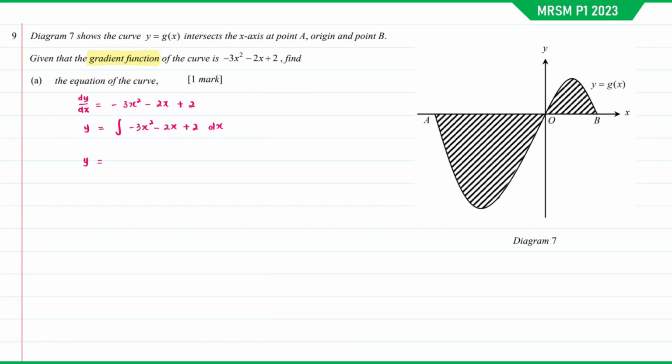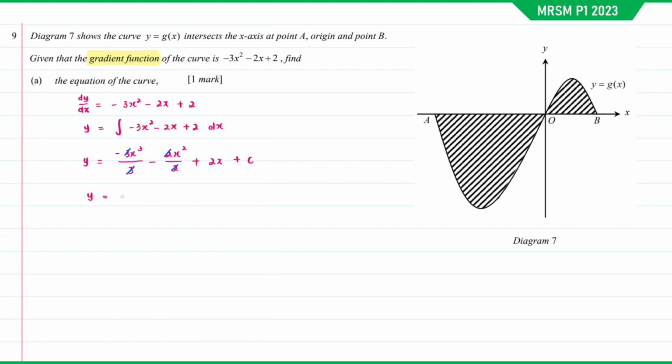Then y is equal to negative 3x, the power you're going to plus 1, followed by, put down the power, then negative 2x squared over 2 plus 2x plus c. So here we can simplify the number 2 and the 3 here.